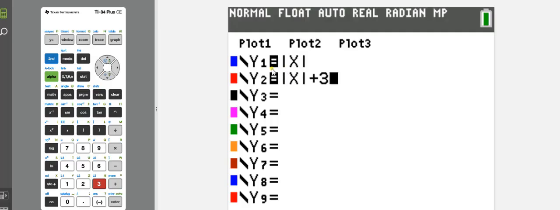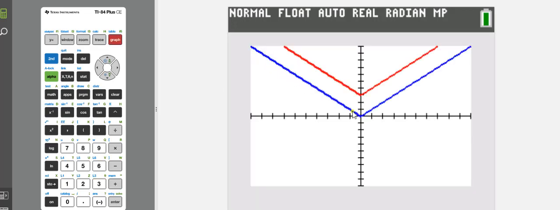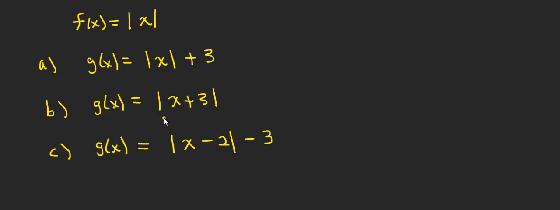So I'm going to graph absolute value of x, which is the blue line, and absolute value of x plus 3, which is the red line. As you can see, this is absolute value of x, and when you add 3, everything moved up 3.